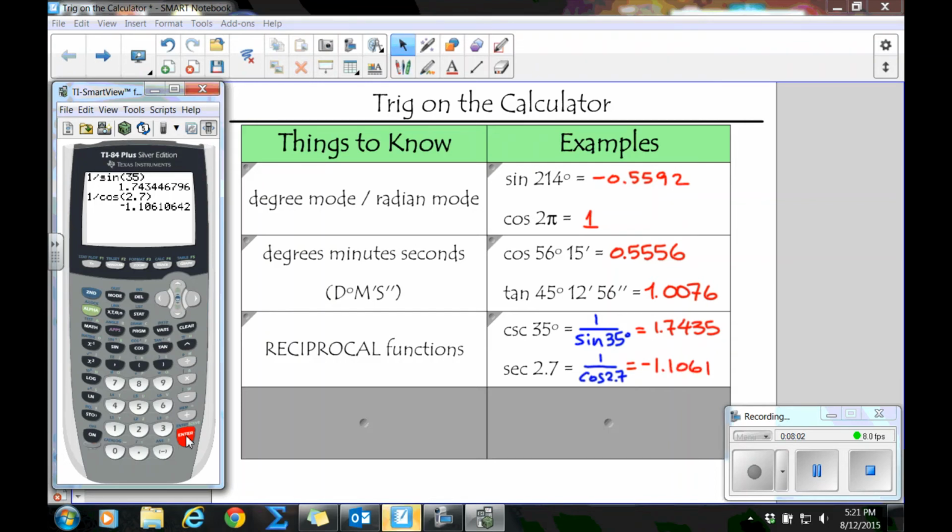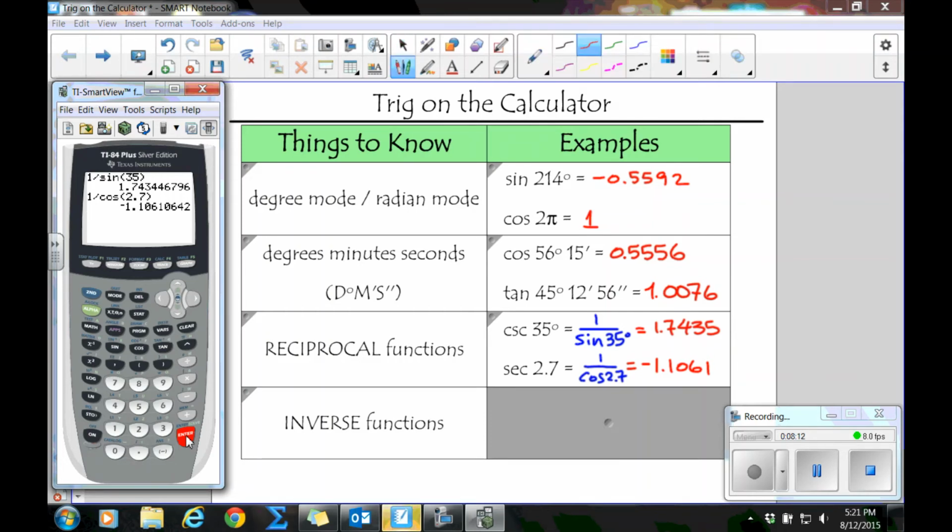Okay, last thing we'll talk about for now on the calculator is asking the calculator to find inverse functions. This is what you need to do anytime you're asked to find the angle. If you do not know the angle to type in, you use an inverse function. These are the buttons that have an inverse symbol.